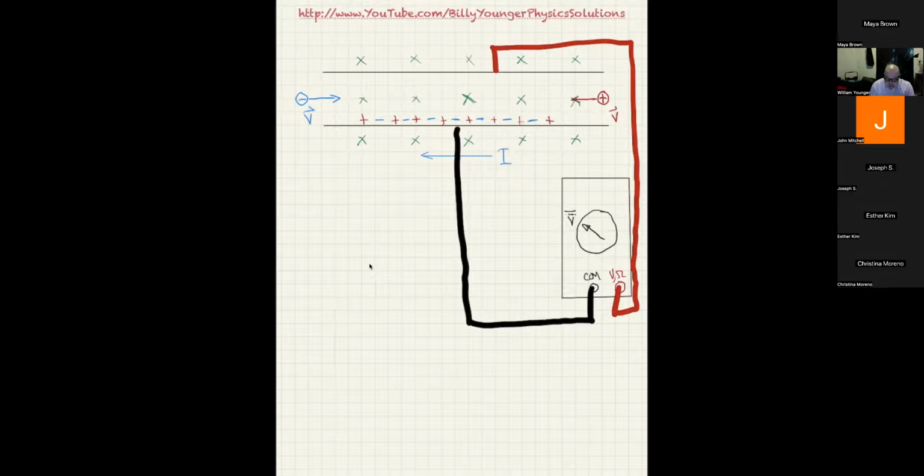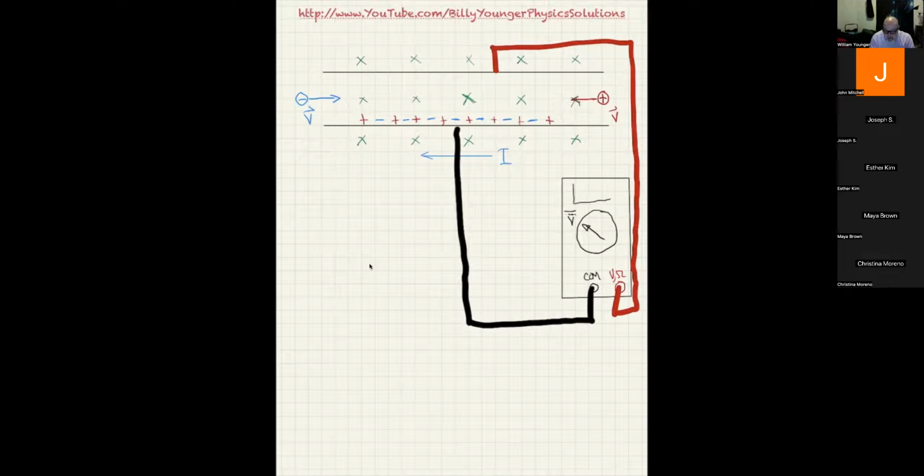Oops, I went into moron mode again. Sorry about that. All right, so if in fact the positive charges are the ones moving, then we will have an electric field that points this way.